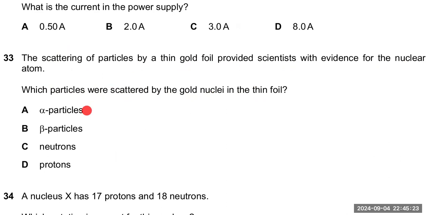As a result, they identified some features of the atom: that the maximum part of the atom is empty, and alpha particles collided with a dense material, which is therefore called the nucleus. I have given you a hint of that experiment, but you have to understand it in the lectures. So your option will be A, because they used alpha particles to fall on the gold foil.